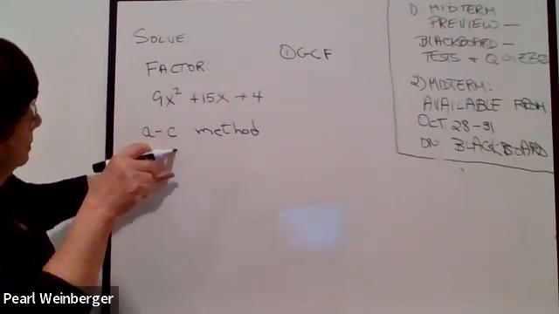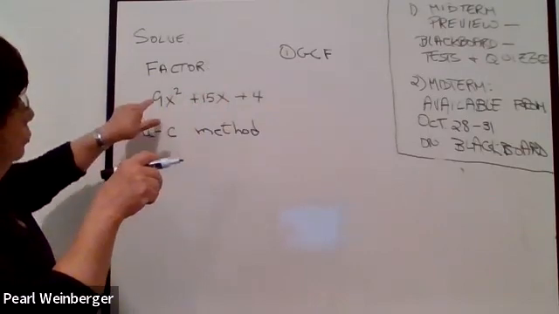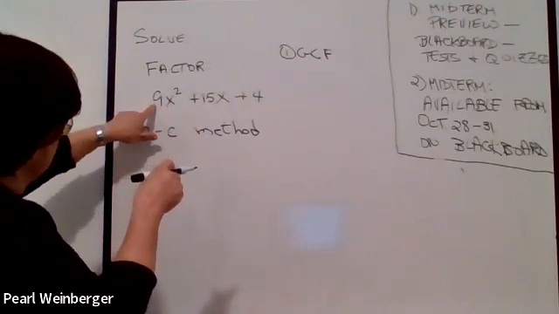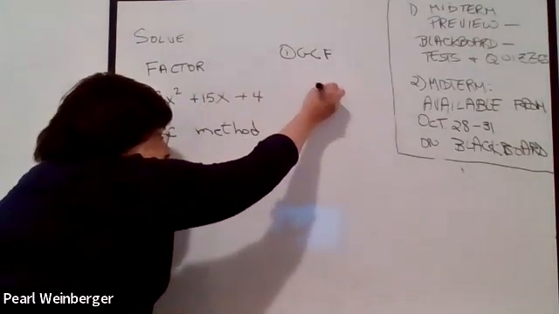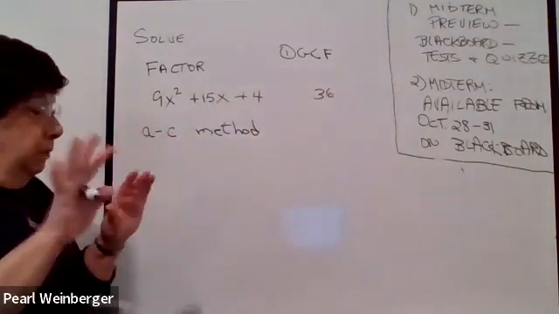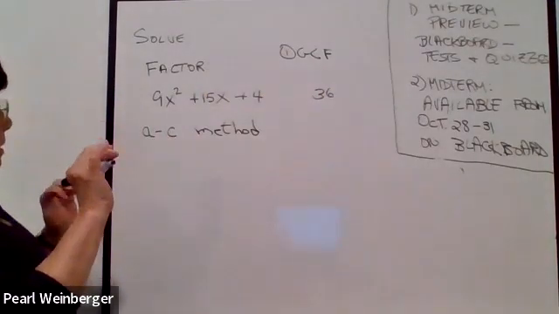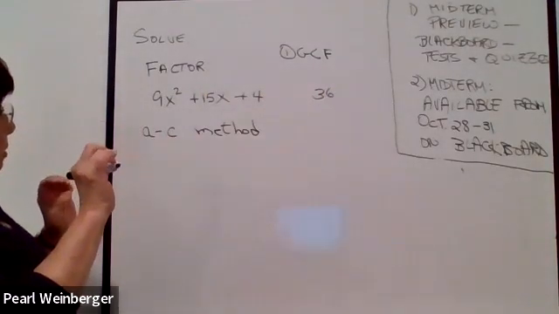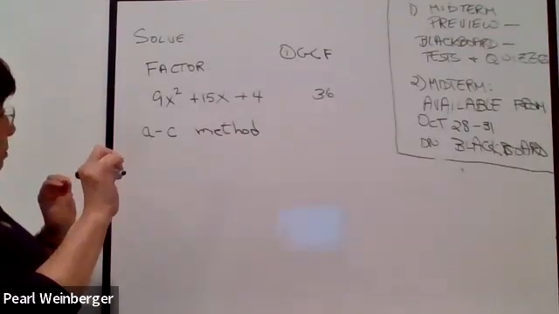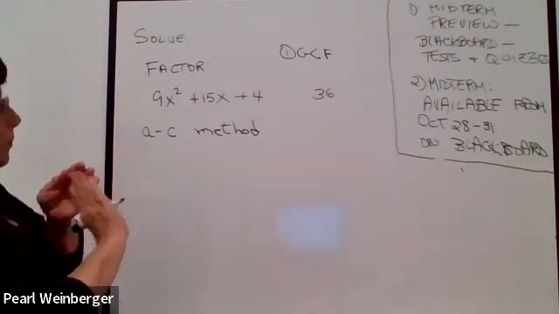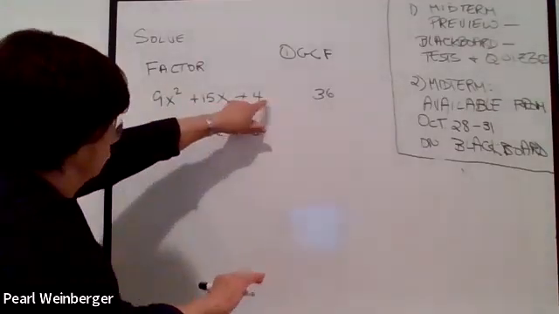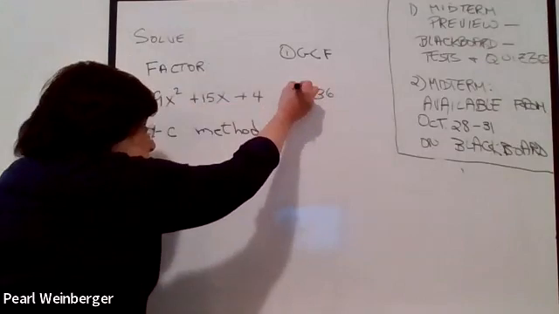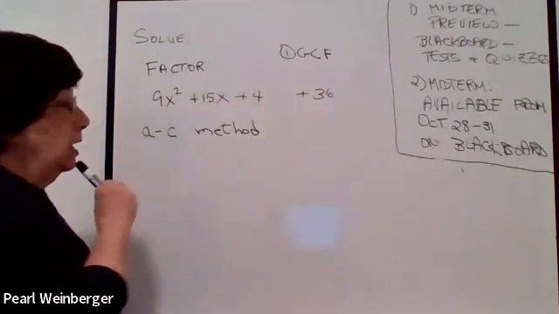So when you're using the AC method, you're multiplying the 9 times the 4, which is going to give you 36. It actually happens to be positive 36.